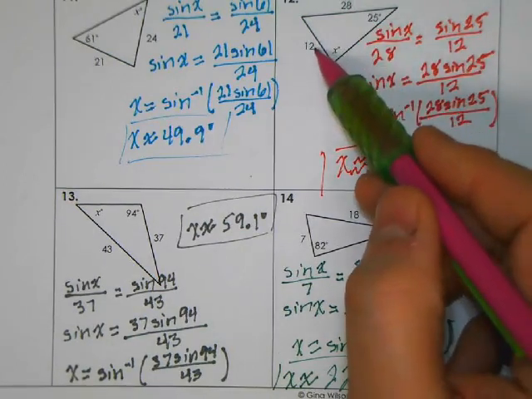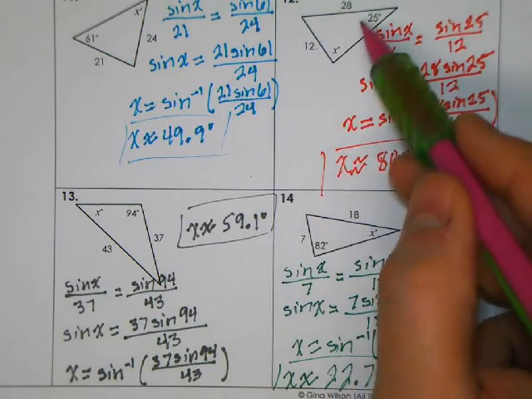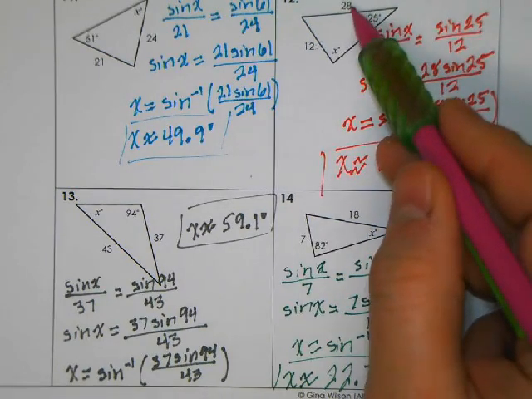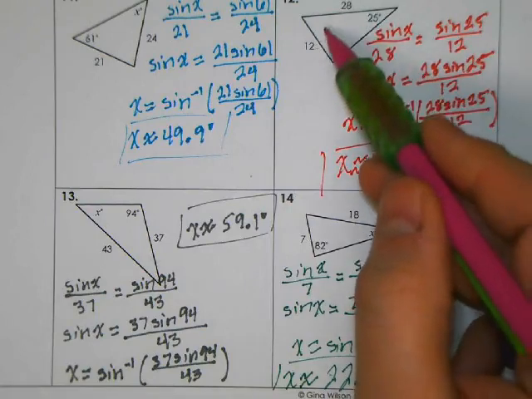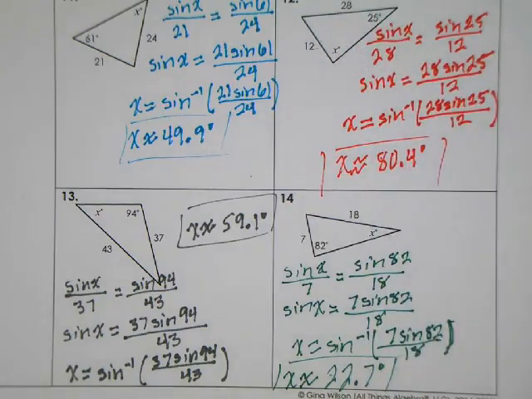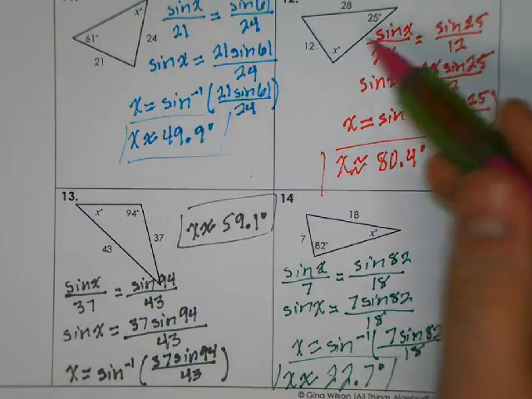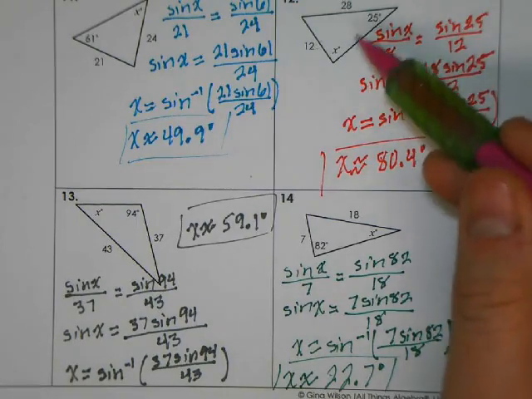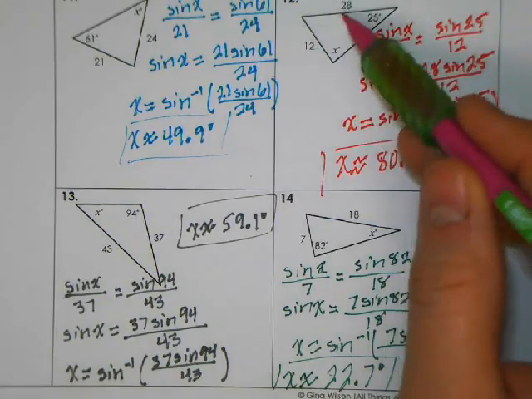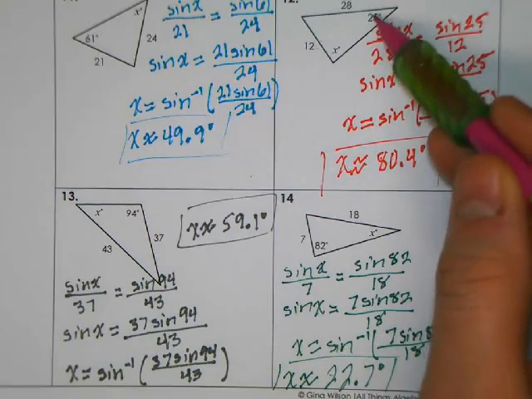So because this side is less than this side, this tells me that I'm going to have more than one possible triangle with these dimensions, where I have one side with 12, one side with 28, and one side with 25.